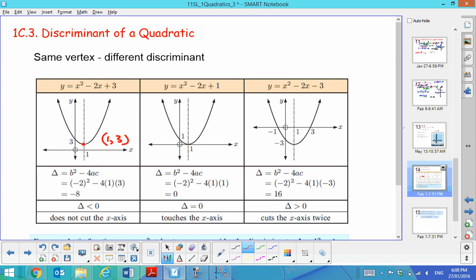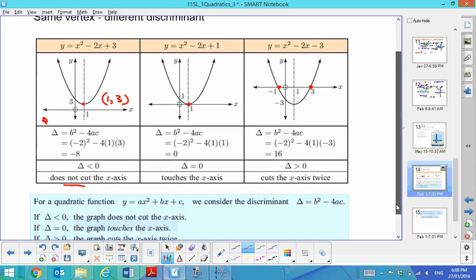But depending whether it's above the x-axis or touching the x-axis or cutting through the x-axis determines the number of roots we've got. So in the first case, no roots. It doesn't cut the x-axis. And you'll probably recall from that that the discriminant must be less than 0 if there are no x-intercepts.